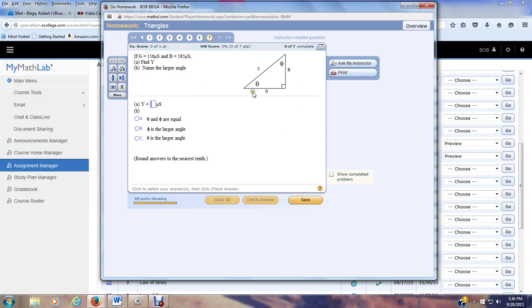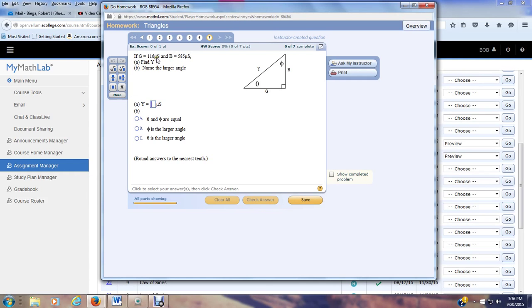If you're dealing with units, see I've got these prefixes up here. I've got 116 microsiemens and I've got 585 microsiemens. The good thing is if the prefixes and units are the same, you don't have to worry about using the prefixes in your calculations.